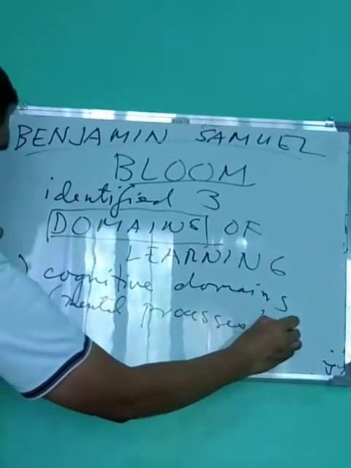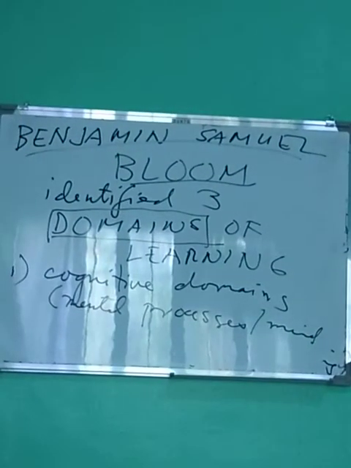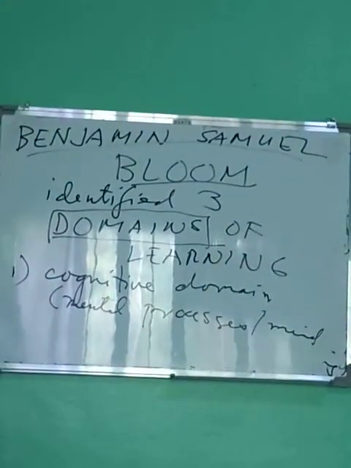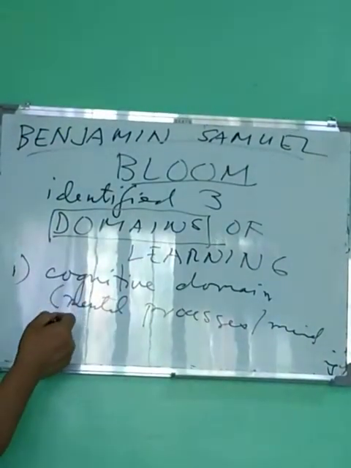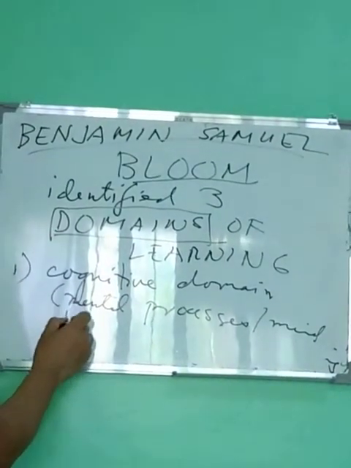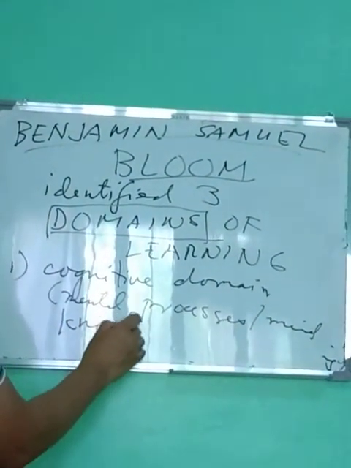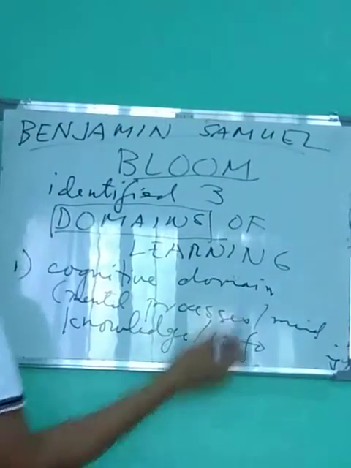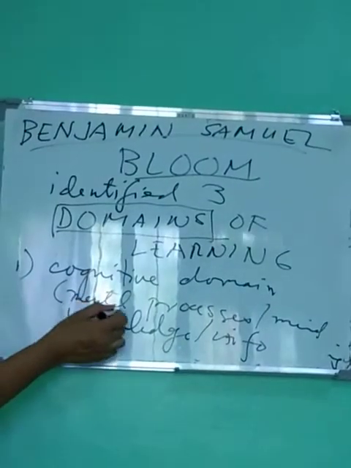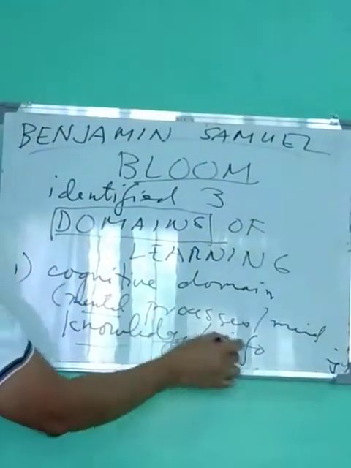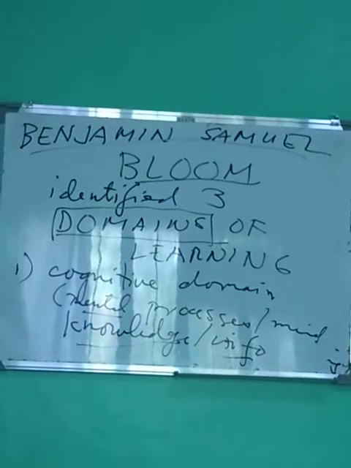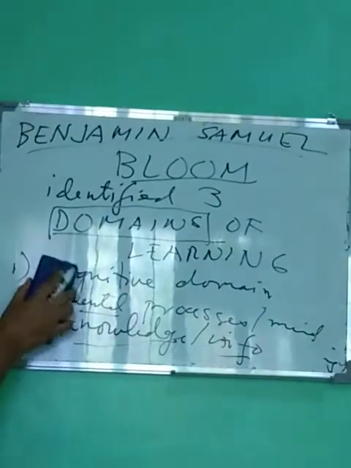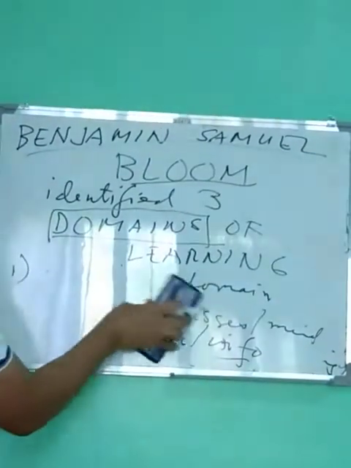When we talk of the cognitive domain, what is being learned here would be knowledge or information, because you have to feed your mind, of course, with knowledge or information. You understand? Cognitive domain.